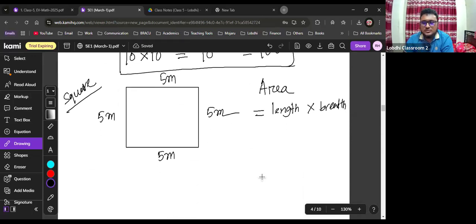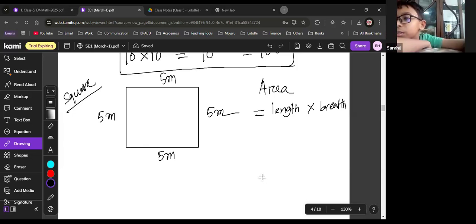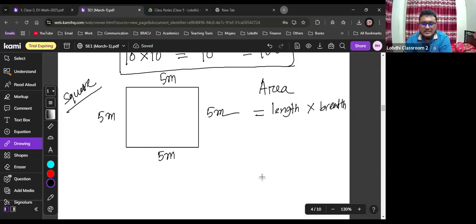But tell me, in case of square, is there any smaller, is there any greater, or everything is equal? Everything is equal. Very good. So whatever the length is in case of square, that will be the breadth. Is there any difference between the length and breadth in case of square? No, sir.